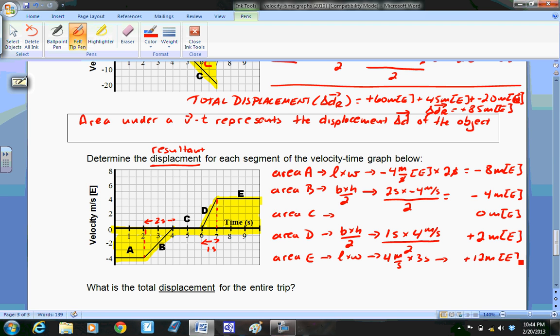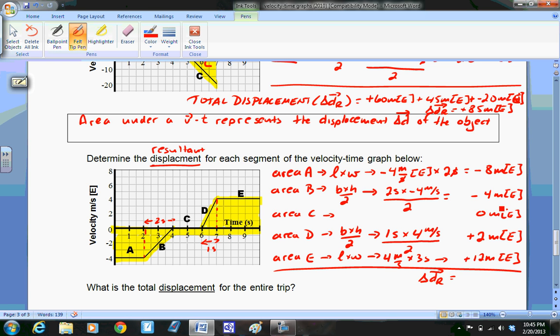That's my displacement. Now to find the total displacement, or the resultant displacement, you just find the sum of all of these. So it's 12 and 2 is 14, minus 4, which would be 10.